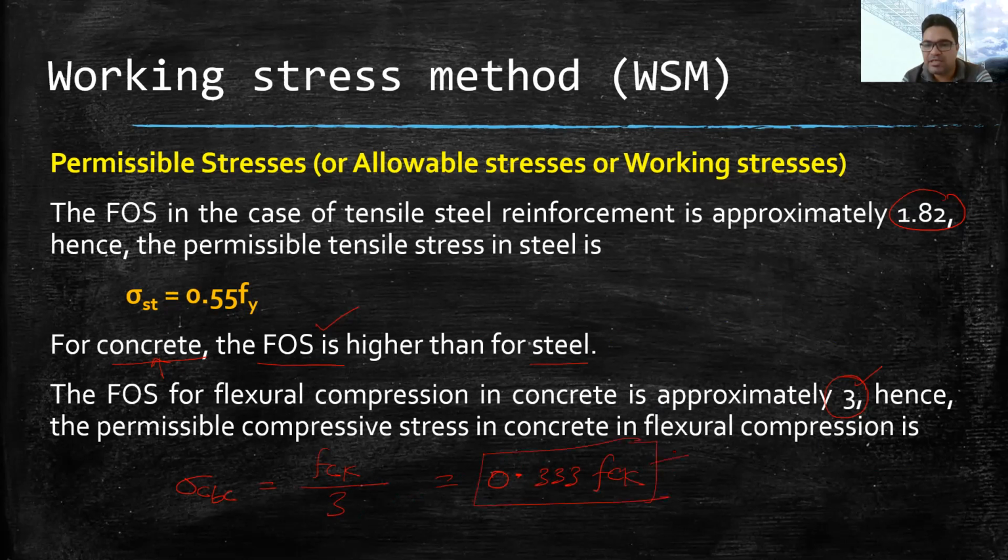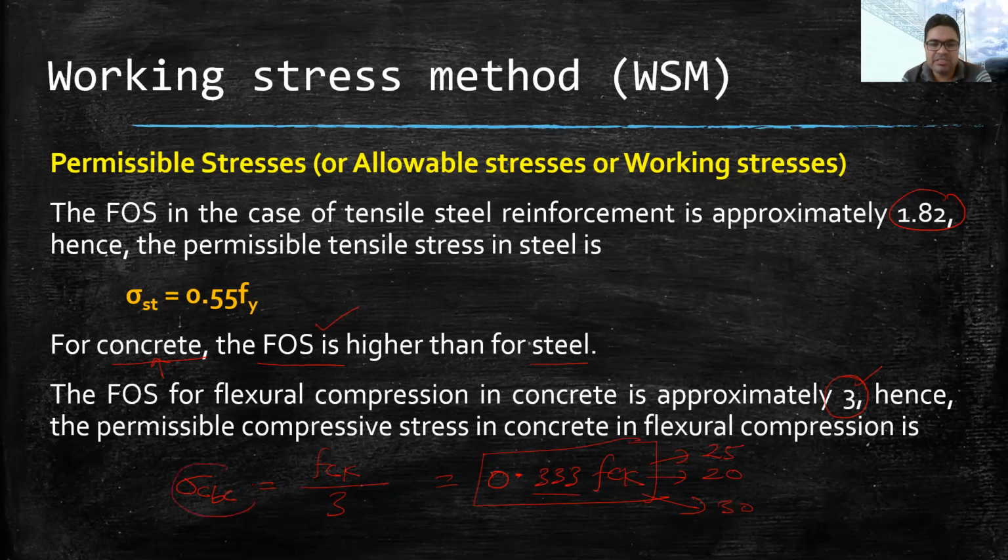So this FCK for M25 grade concrete will be 25. For M20 grade, it will be 20. This FCK value for M30 grade of concrete will be 30. So whatever grade of concrete we have, we can easily calculate the value of sigma CBC by multiplying by 0.333.